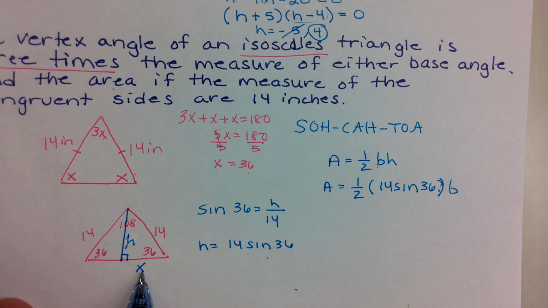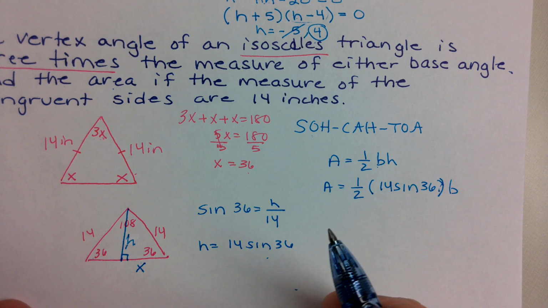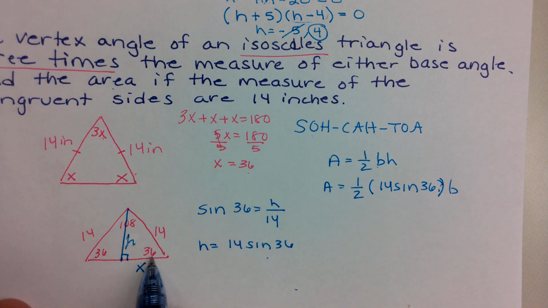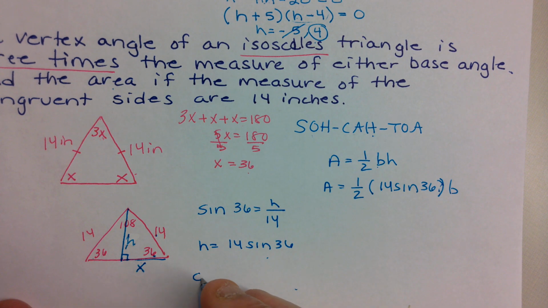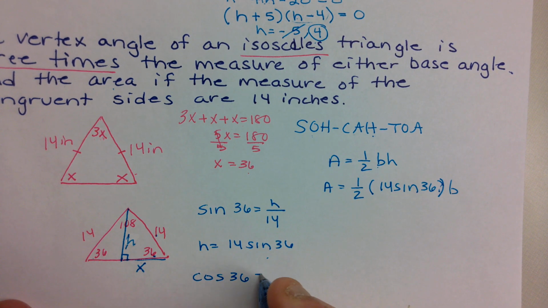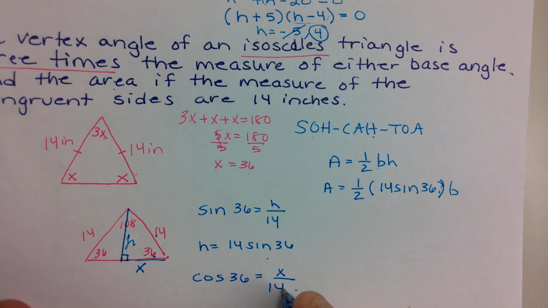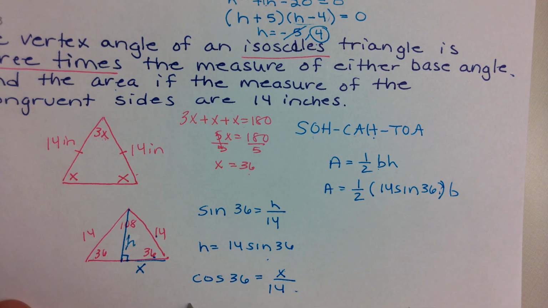So I've got to figure out my x and then double it to get my base. Or I could get the area of one half and then double it, but I'm just going to stick to this. This is adjacent to the 36, and with the hypotenuse, that is going to be my cosine. So cosine of 36 equals adjacent over hypotenuse.